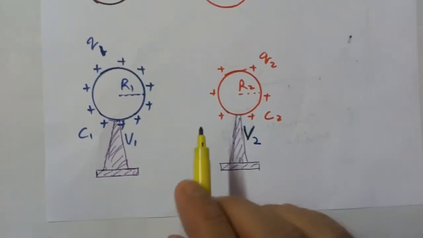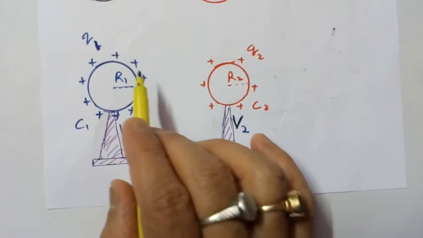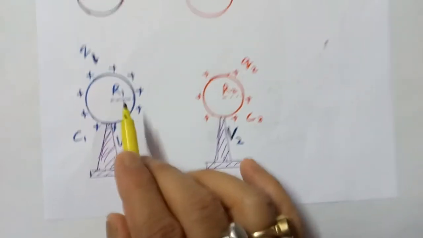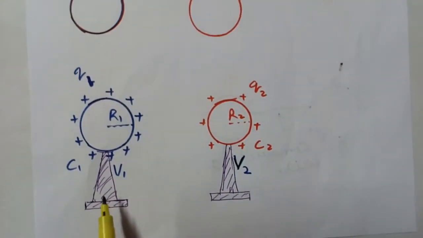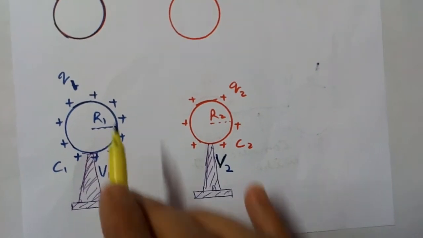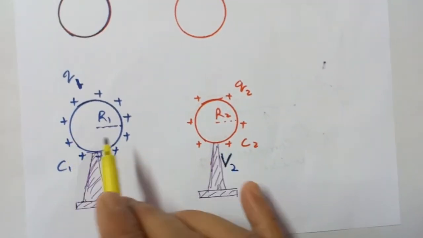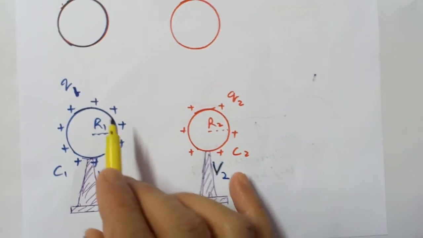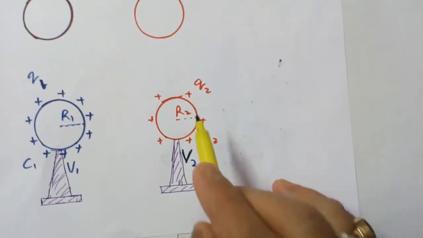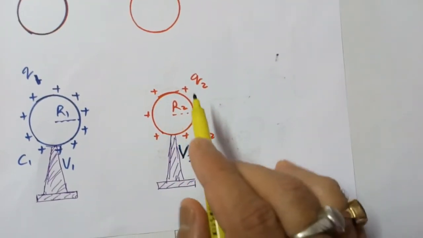Now if we have two charged spherical conductors, suppose these are two spherical conductors mounted on an insulating stand. Give this first conductor charge q1. Suppose radius is r1, and give the second spherical conductor charge q2.